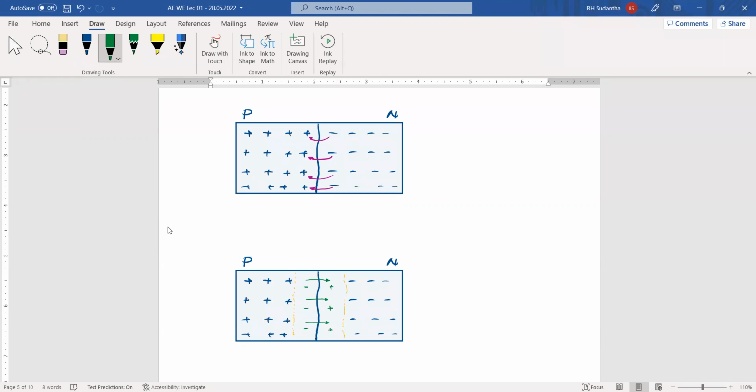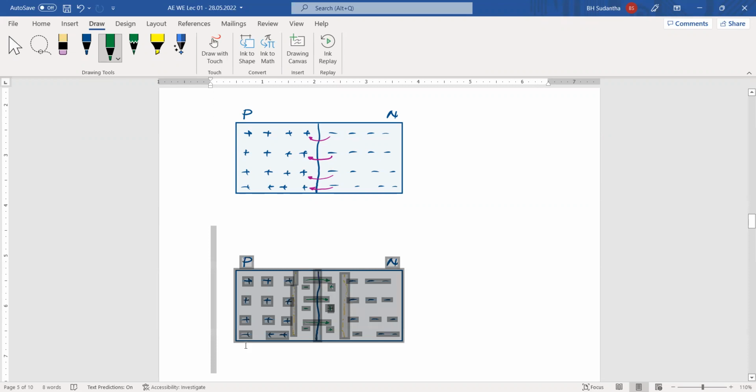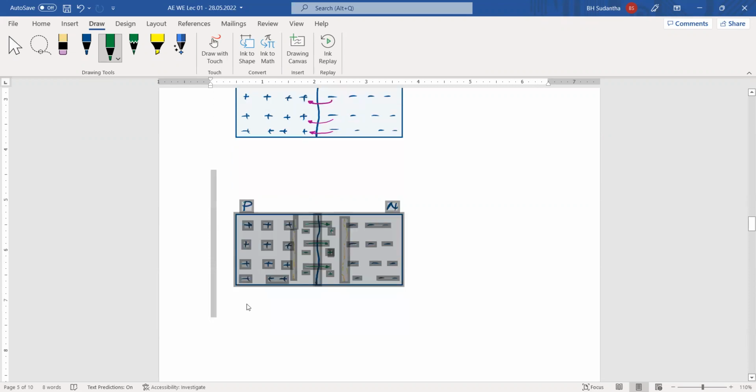Okay, forget about that one. In simple terms, to explain this in a different way, we can forget about these things and think like that.